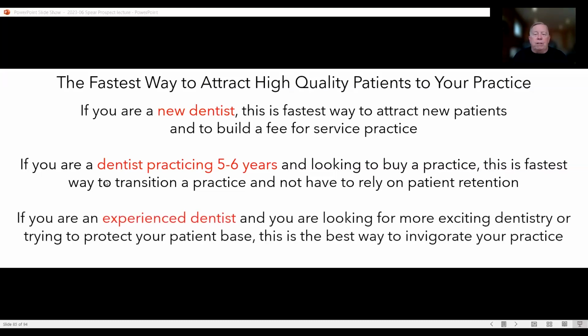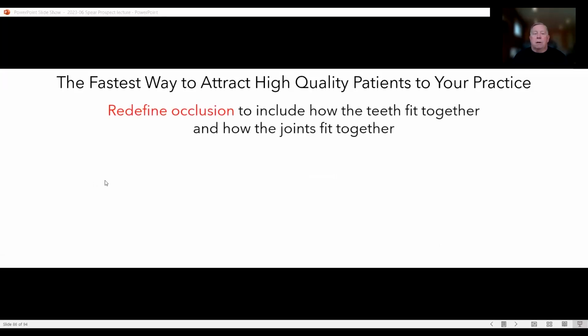If you're an experienced dentist and you're looking for a little bit more exciting dentistry, maybe become a little bit bored just doing class 2 composites, or you're looking to protect your patient base because it's eroding due to the influence of third parties in your practice and your patients, this is the best way to invigorate your practice.